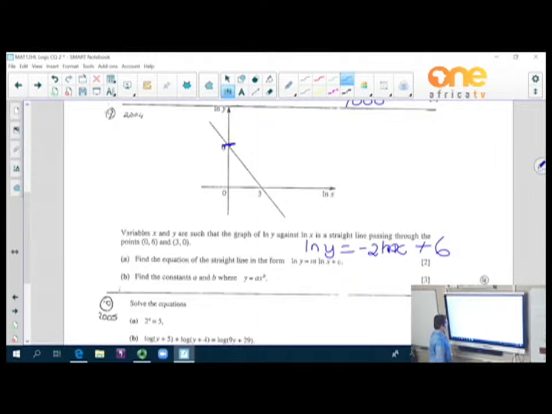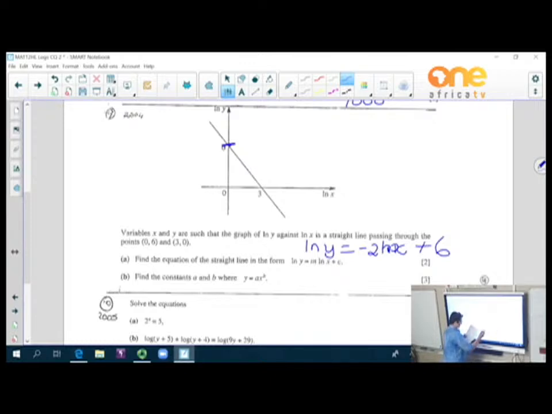Now find the constants where y is equal to ax plus b. We can just use this here. And here it's always good to refer back to this one. Can you see? To refer back to that one. So c is then the y-intercept, which is that c.